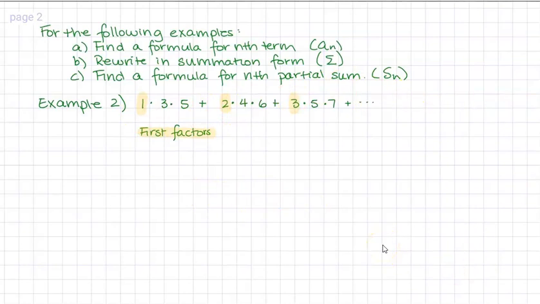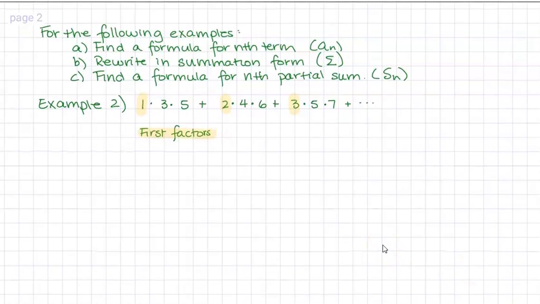So what is that? Well, whoops, let me change back to green here. It's an arithmetic sequence. It's just going to be n. First term is 1, second term is 2, third term is 3, the nth term is n. So that's from our first one. Okay, let's go ahead and take a look at the second factors then.